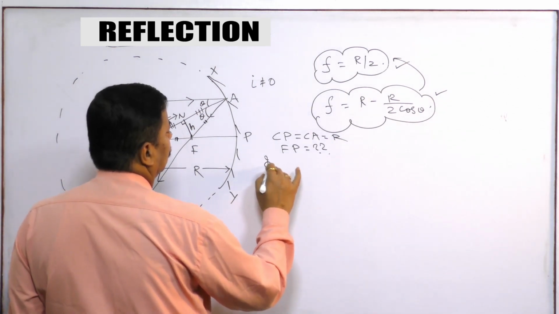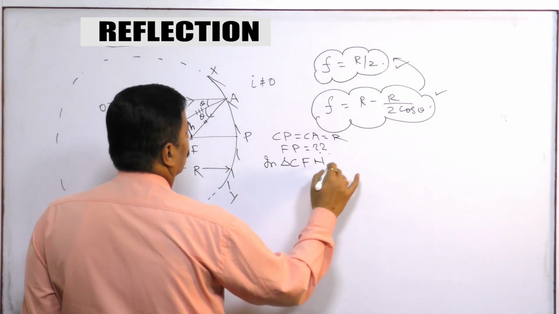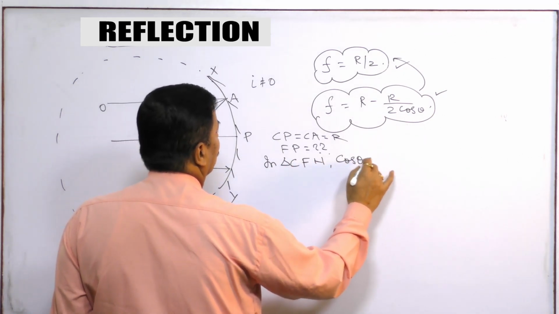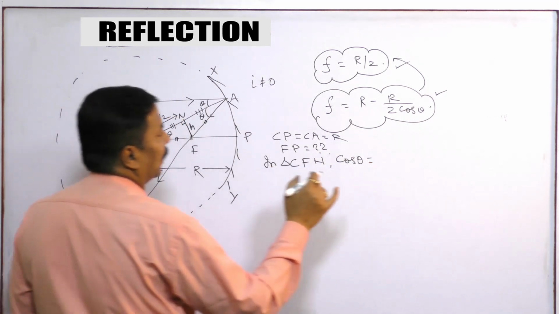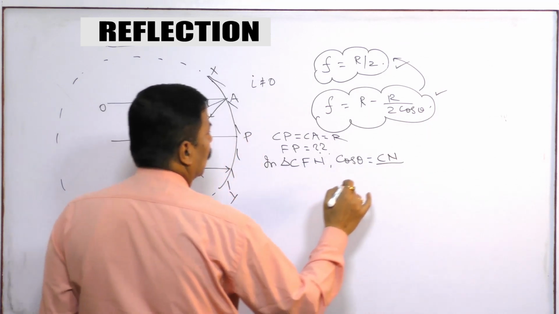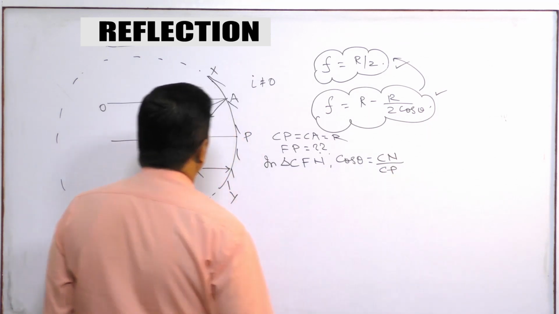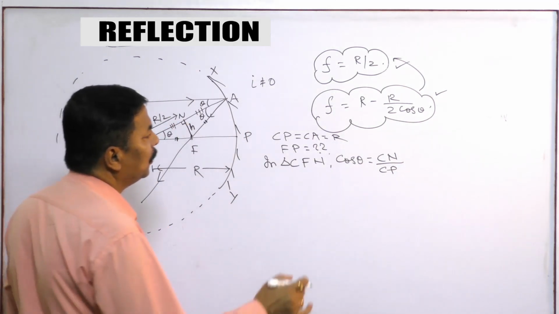In triangle CFN, cos theta is equal to base by hypotenuse. For this angle, base is your CN, hypotenuse is your CF. CN is how much? CN is your R by 2.